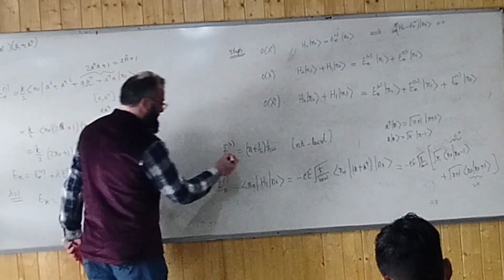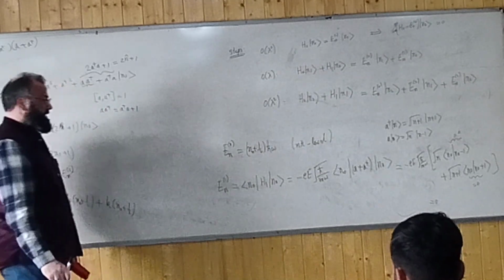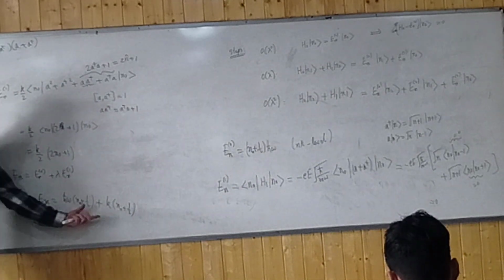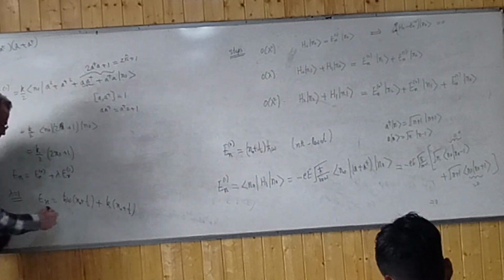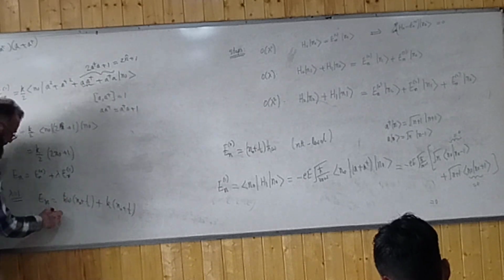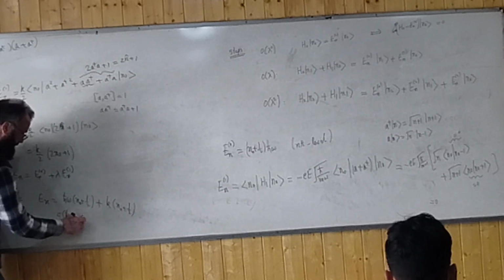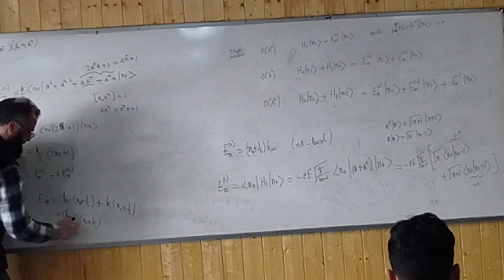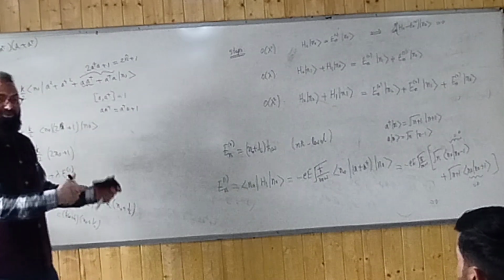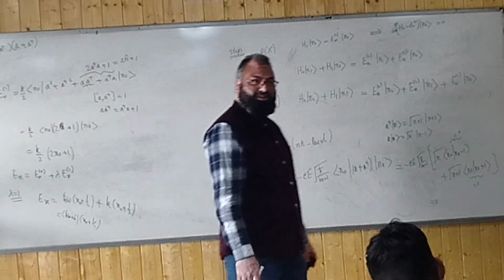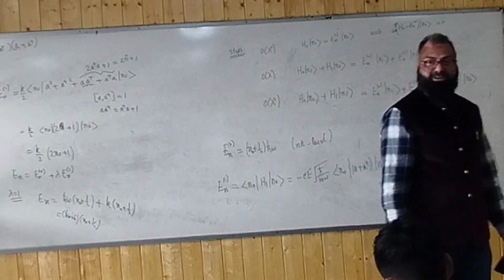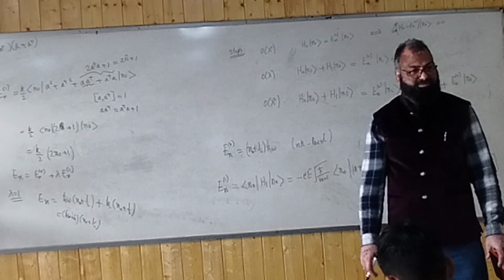So I should have put n0 here for the nth level. So now what is the difference? You are having h cross omega plus k times n0 plus half. So you have actually changed the frequency. That means you are adding it. You can put k, whatsoever is the value of k. Clear? Got it?